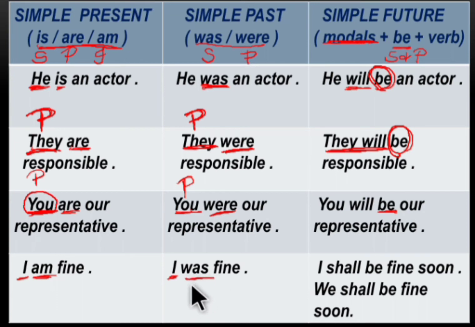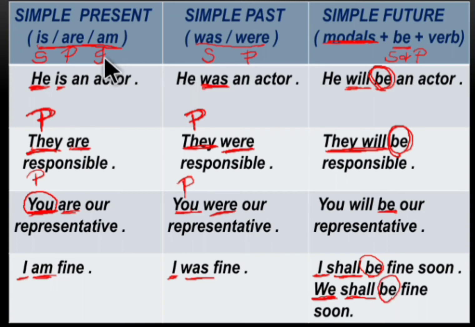I was fine. And in the simple future, I is the first person pronoun, and so we use shall. And be is the be form of verb. I shall be fine soon. In case we use the plural form we, this is also the first person pronoun in the plural form, and so we use shall, and be is the be form of verb.